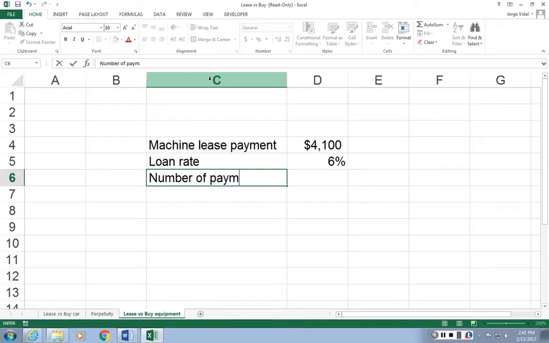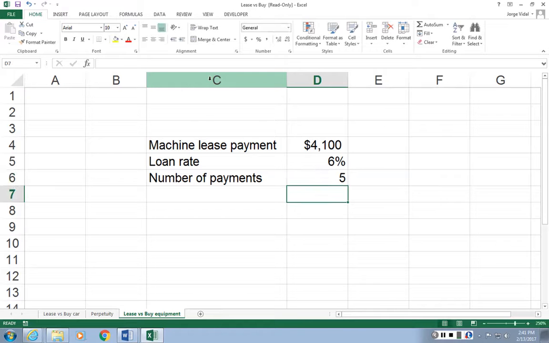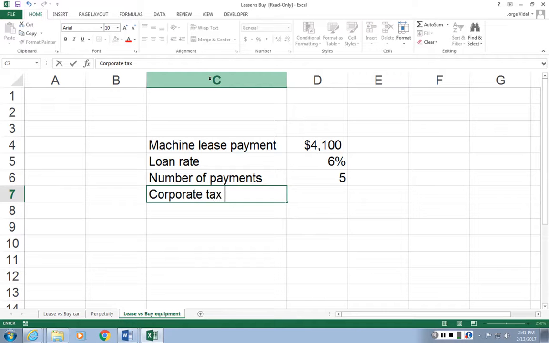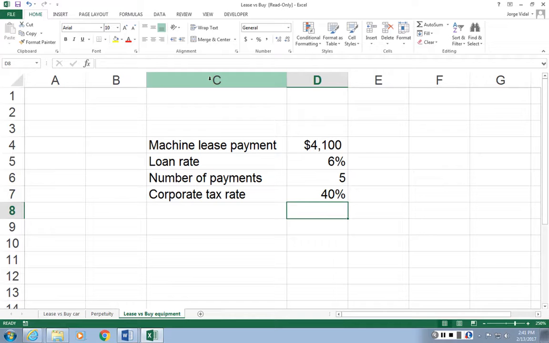Number of payments, 5. Now, companies don't do annual payments on their loans or annual lease payments. They're monthly, just like we people do. But if I do monthly, 5 years, I need 60 columns, 60 rows. So we'll keep it at 5, just to keep everything condensed, and you can see what's going on here. The tax rate in this company is 40%.